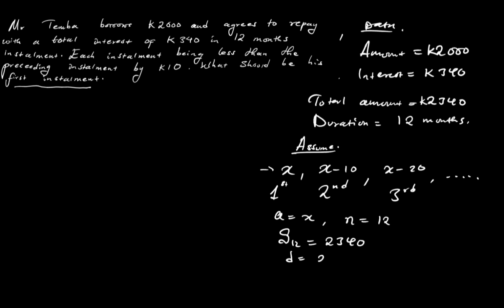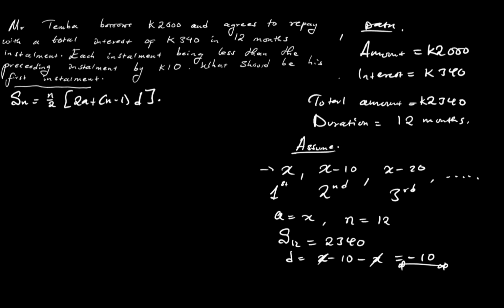You can say term 2, which is x minus 10, minus term 1, which is x. Now, if you cancel this out, you end up having minus 10. Now, you can also do term 3 minus term 2, which is basically by inspection. If you compute these two, you end up getting a minus 10 as well. So the sum of n terms is equal to n over 2, open square brackets, 2a plus n minus 1 d.